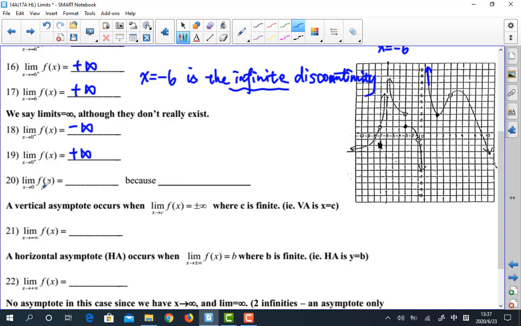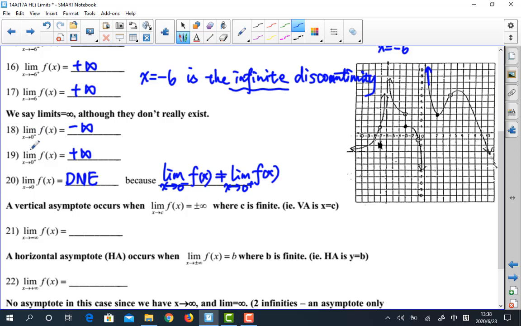How about the limit when x is approaching 0? As x approaches 0, the left-hand limit is not equal to the right-hand limit. For this case, you have to put down D and E for the limit value when x approaches 0, because your left-hand limit is not equal to the right-hand limit.